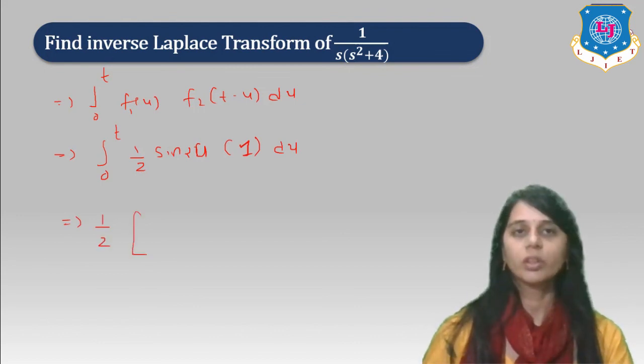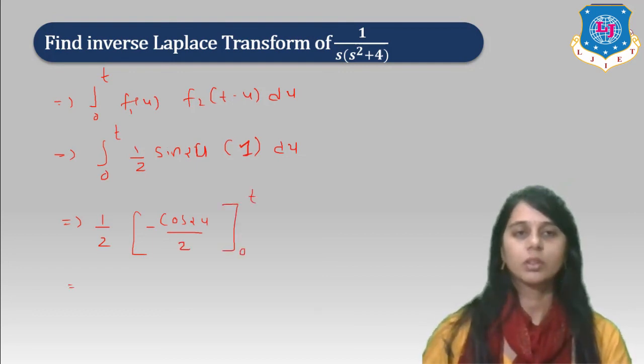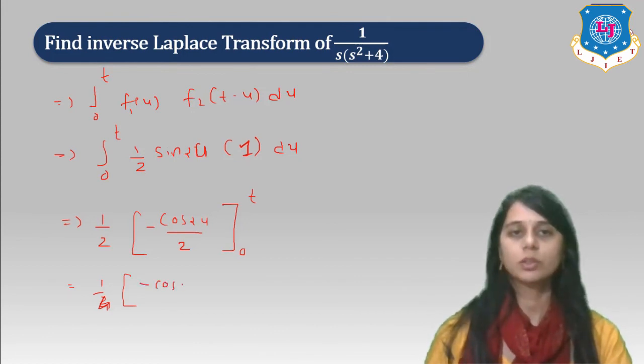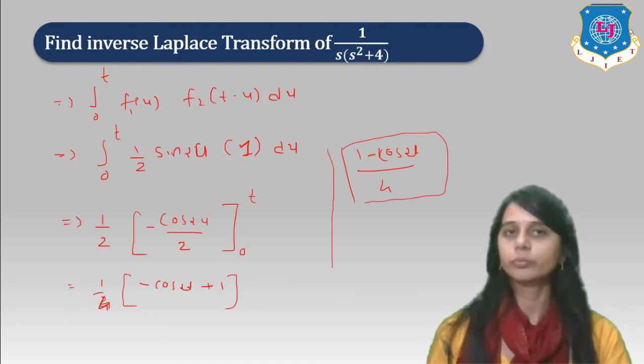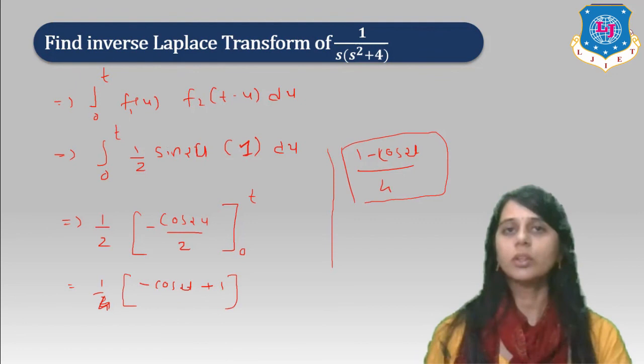The integration of 1 by 2 sin 2u is minus cos 2u by 4, from 0 to t, which gives minus cos 2t plus 1. So the answer is (1 minus cos 2t) by 4. So this is the answer of the example.